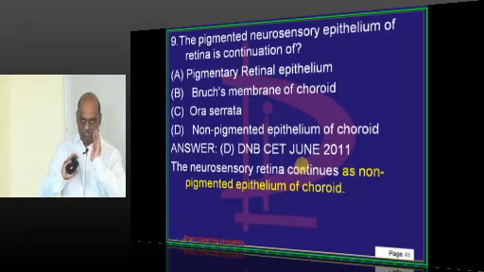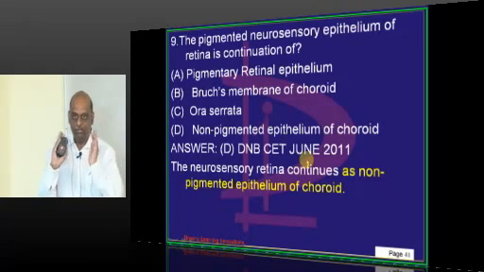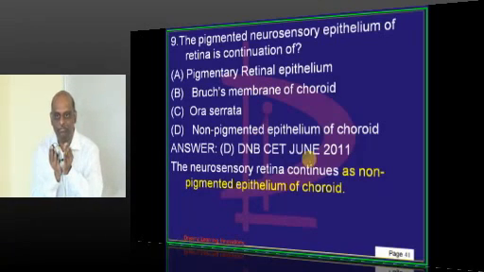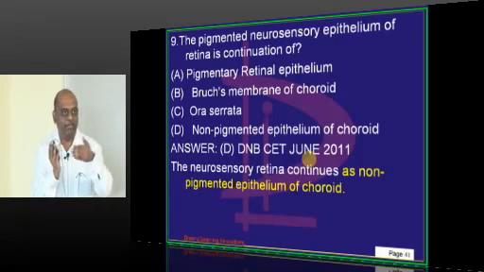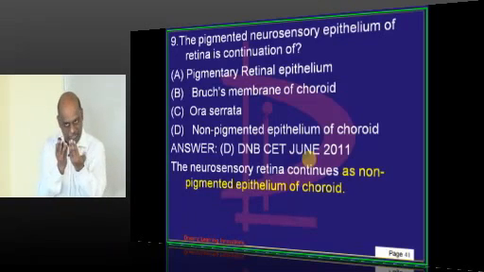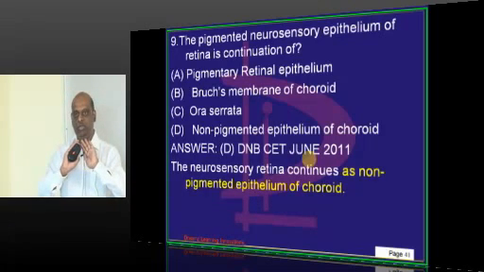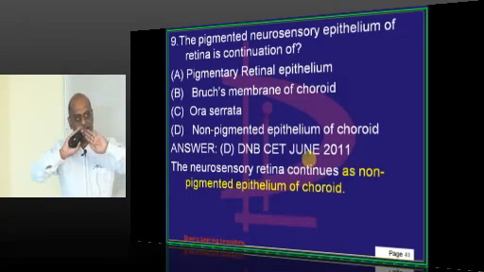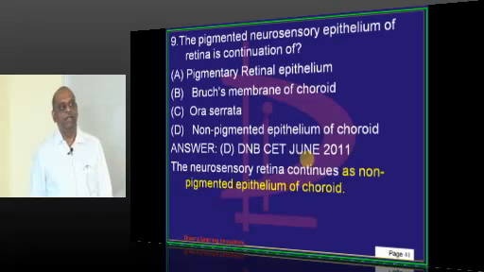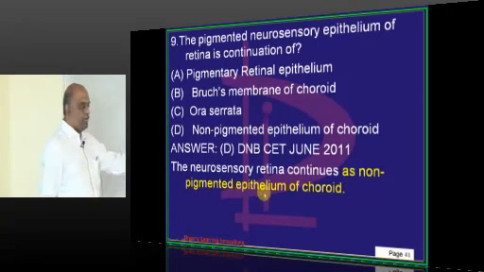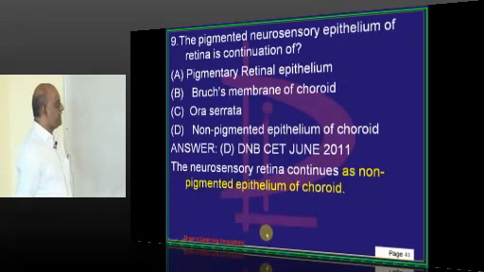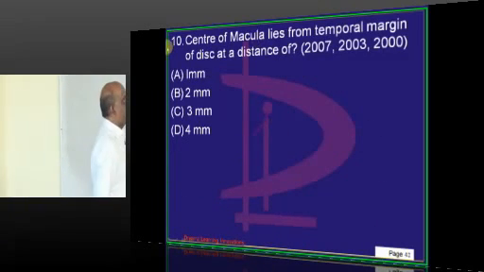So retina and the choroid, and the choroid comes forward to become part of the uveal tract, where you have the iris and ciliary body. So it's all a continuum. In the front iris and ciliary body, then choroid, and then ultimately it merges into the retina. So that's the reason the neurosensory retina continues as the non-pigmented epithelium of the choroid.